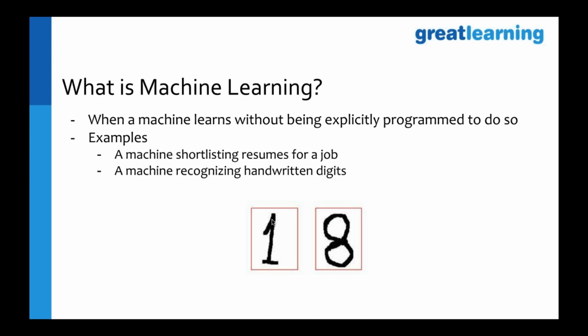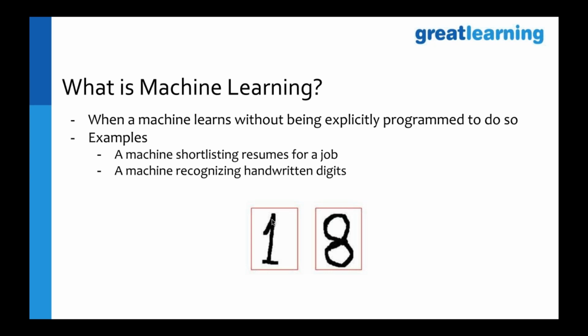So again, there the programmer is pointing the machine to that data. He's saying, okay, take these 10,000 images where different people have written 1, and look at how they have written it and try to learn how a 1 looks, how human beings write 1s. And then when people write more digits, I will pass them to you and you tell me which of those are 1s and which are not 1s.